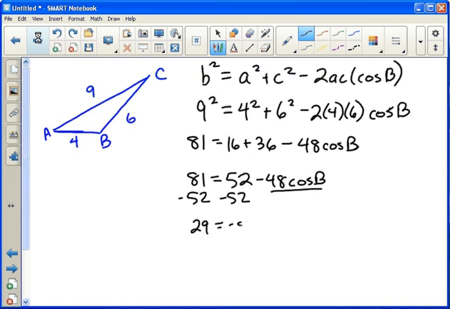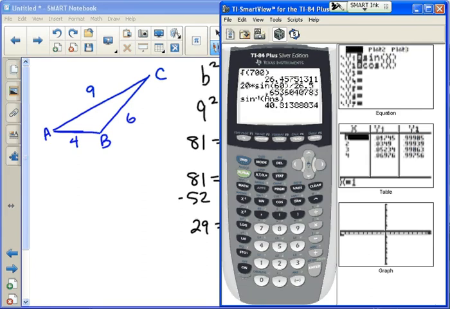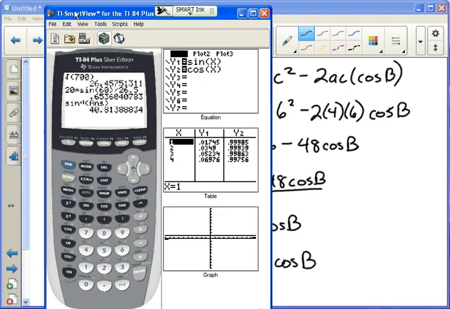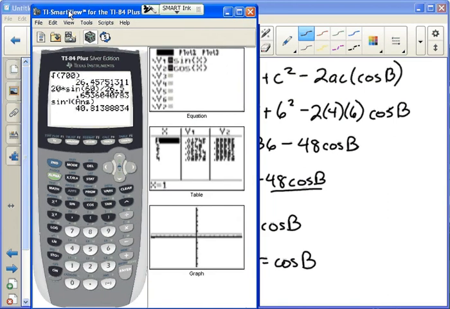Now we divide both sides by negative 48, and we get this is equal to cosine B. So to solve for that angle, we have to use our second cosine, or cosine of the negative 1 if you prefer that. And that there is a negative there. It'll show up again once we move this.